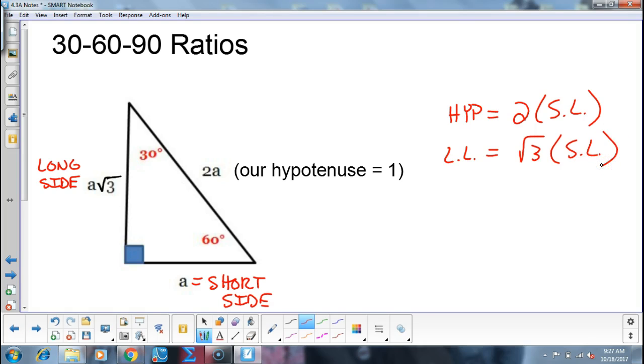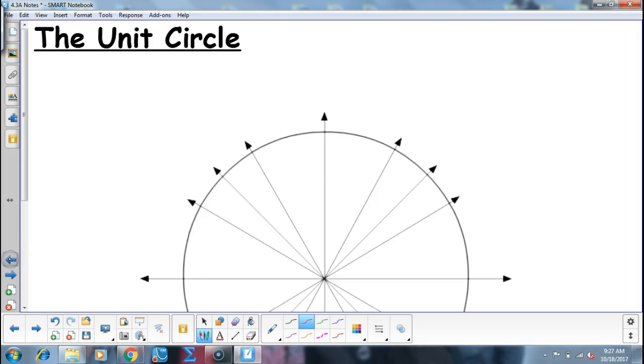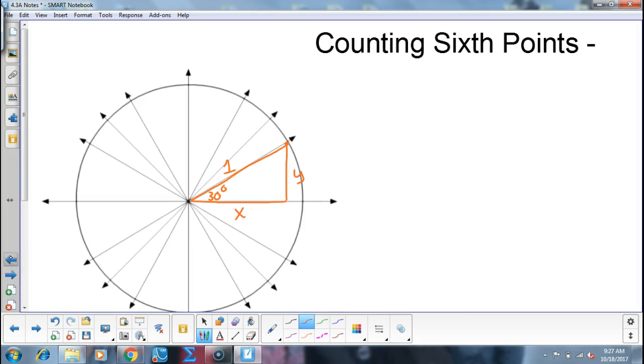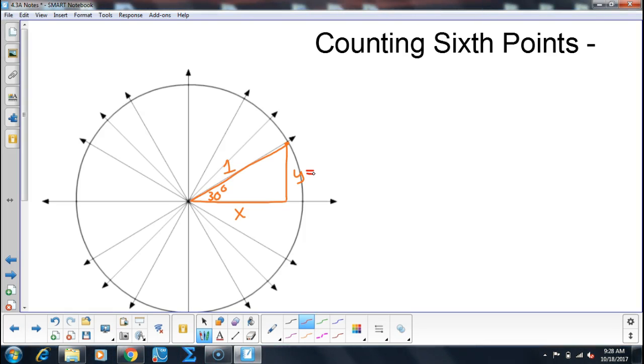Okay? So with that being said, our hypotenuse is 1. So then what is y? If it's 2, then it's longer than the hypotenuse. Remember, the hypotenuse has to be the longest side. 1/2. Okay.